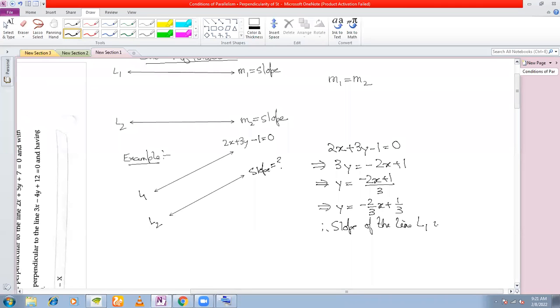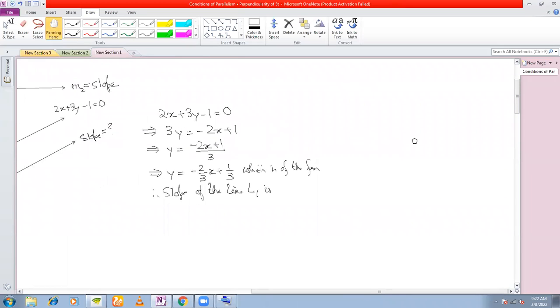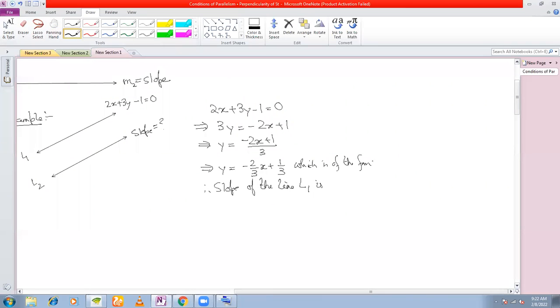Slope of the line L1 is, this is of the form y is equal to mx plus c. If you compare, m here is minus 2/3, right? So slope of this line, if I call this m1, is minus 2 by 3.